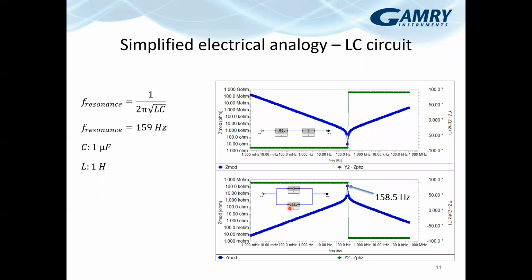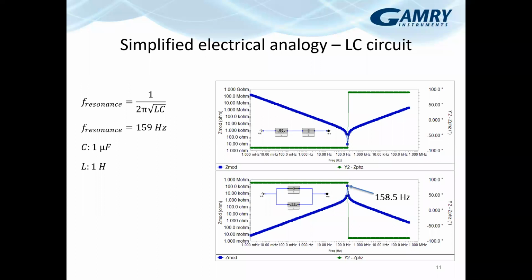If you take an LC circuit and now make it in parallel, what you'll see is at the high frequency, you'll start here, and you'll start to see the impedance increase and increase until you hit a maximum in the impedance.